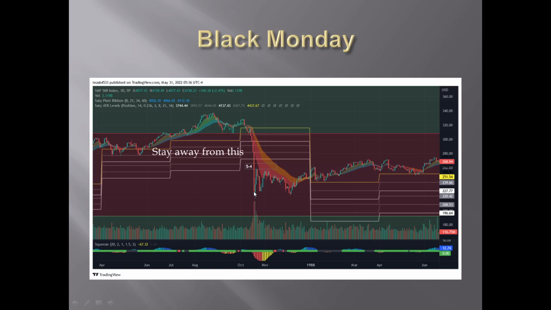And it stayed below here for several months. And even when it cleared it, you did get a little bit of a move here, right? So this move did get you about 6% from this open to this high up here.